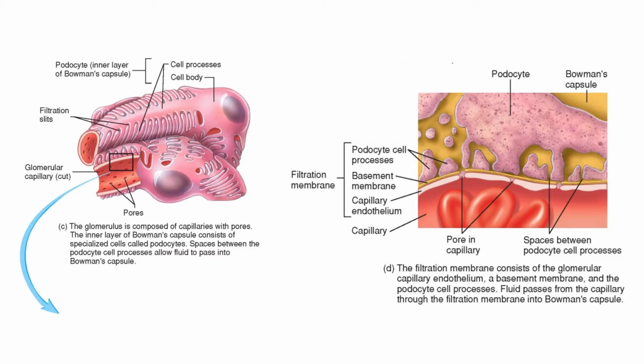Here you will see what the filtration membrane looks like. The filtration membrane consists of your glomerular capillary endothelium, this layer, and then a basement membrane above it, and then of course the podocyte cell processes. The fluid passes from the capillary through the filtration membrane into your Bowman's capsule.